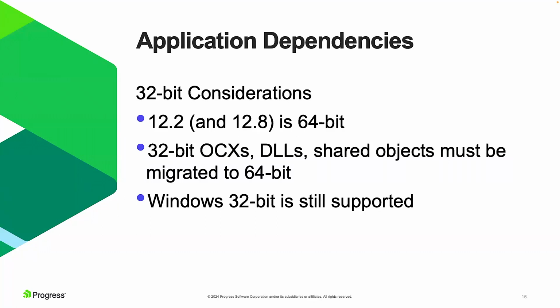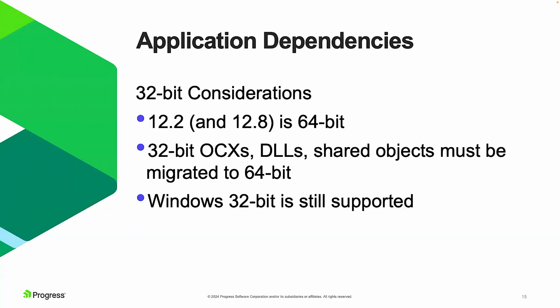As you move to the version 12 platform, generally speaking, it's a 64-bit platform. There is still a 32-bit Windows version available on 12, but if you have 32-bit dependencies, you need to be aware that those have to be addressed somehow, especially if they're dependencies in the server-side code that would need to run on PAS, because PAS is a 64-bit platform only.